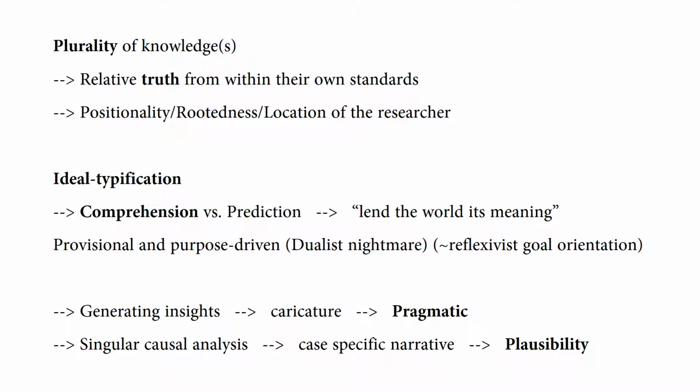And these ideal types can never be falsified. The only thing that we can do with ideal types is either find them useful or useless. So we can keep them as long as they generate insights that we deem useful, and we can discard them as soon as we don't find them useful anymore.